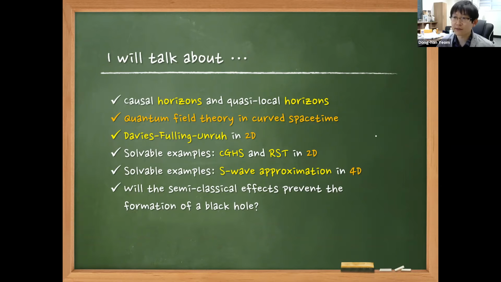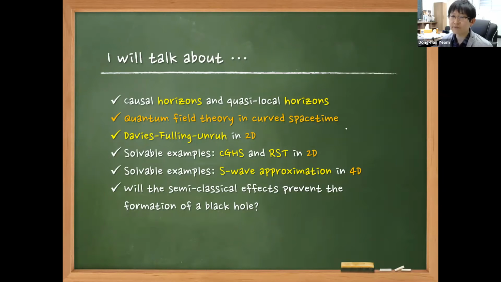The necessary thing is to include the renormalized energy momentum tensor in the Einstein equations. Then the principle to obtain the renormalized energy momentum tensor is to do quantum field theory in curved spacetime.